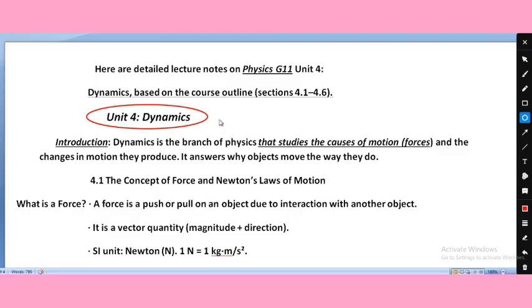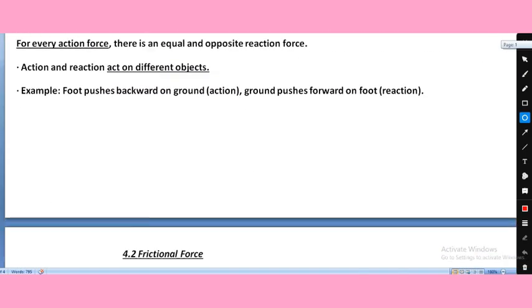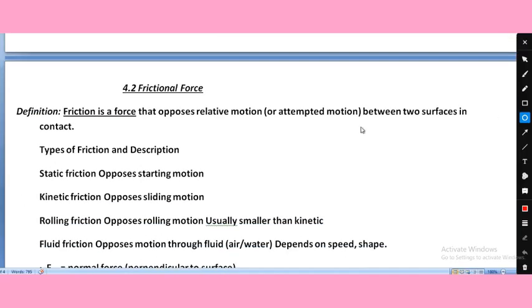This means that when a force is exerted on an object, it can change the shape, the direction, and so on. Under this we also discuss 4.1, the concept of force and Newton's laws. Force means pushing or pulling something, measured in newtons. There are three Newton's laws of motion: first, second, and third. We also discuss the types of work, energy, and momentum.